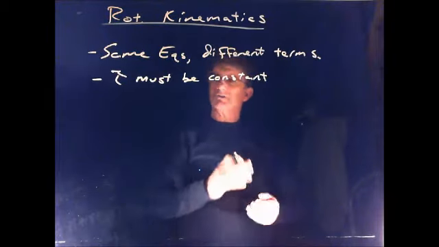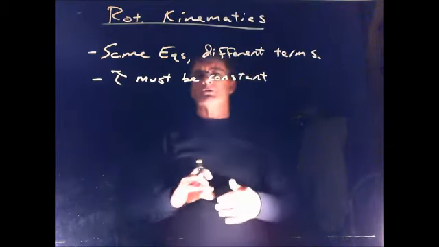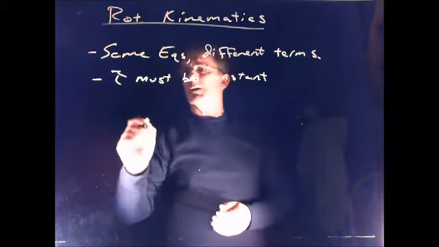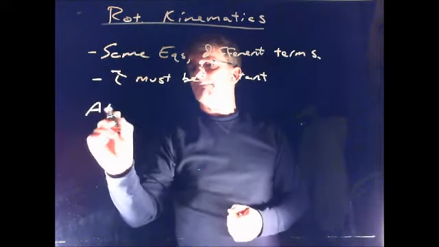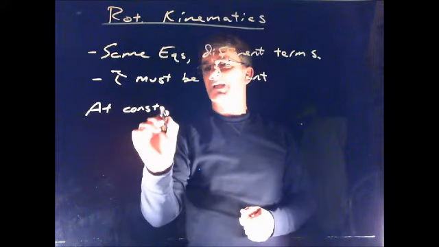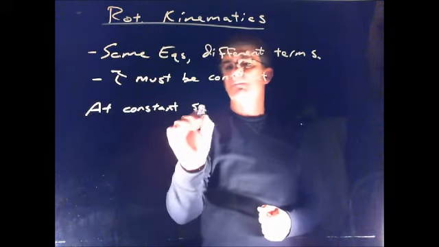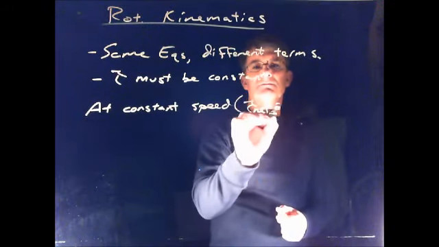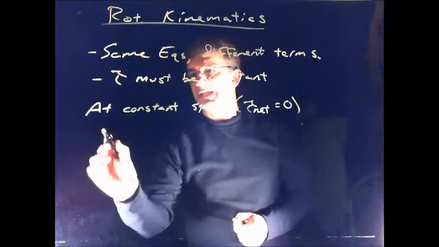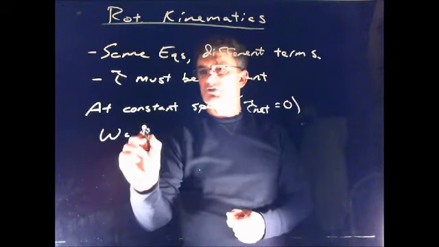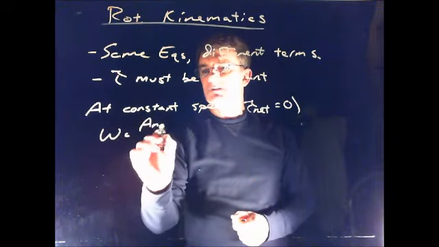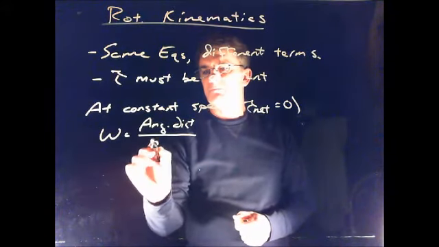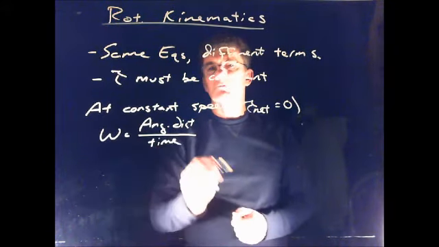I do talk about some other terms that aren't immediately obvious. We talk about when the object is rotating at a constant speed, which means the net torque is 0. That the angular velocity is just the angular distance it goes divided by the time. Very similar to speed.